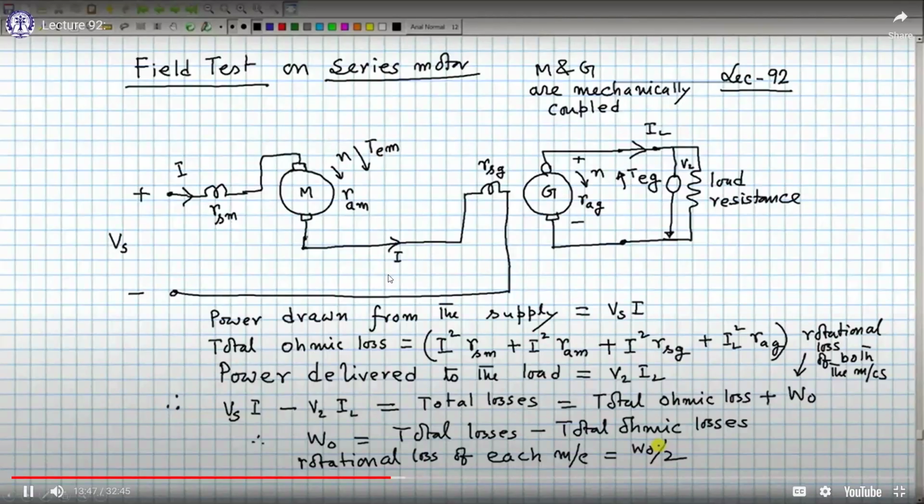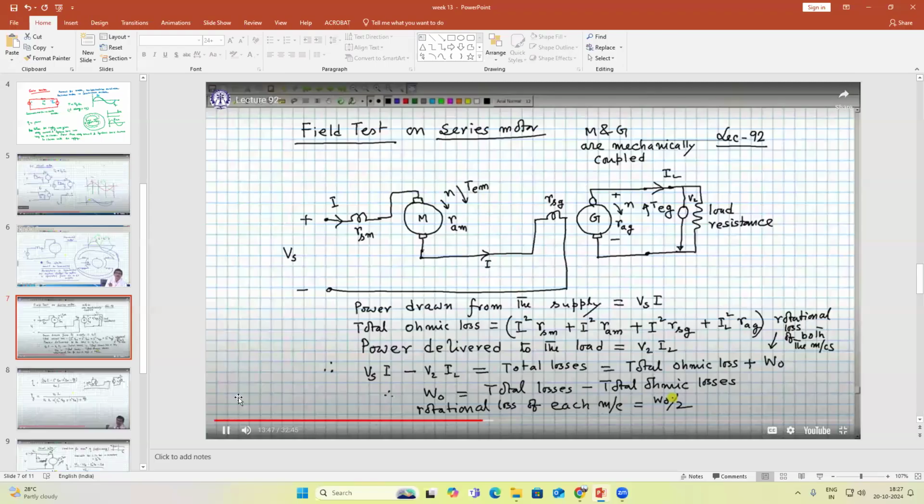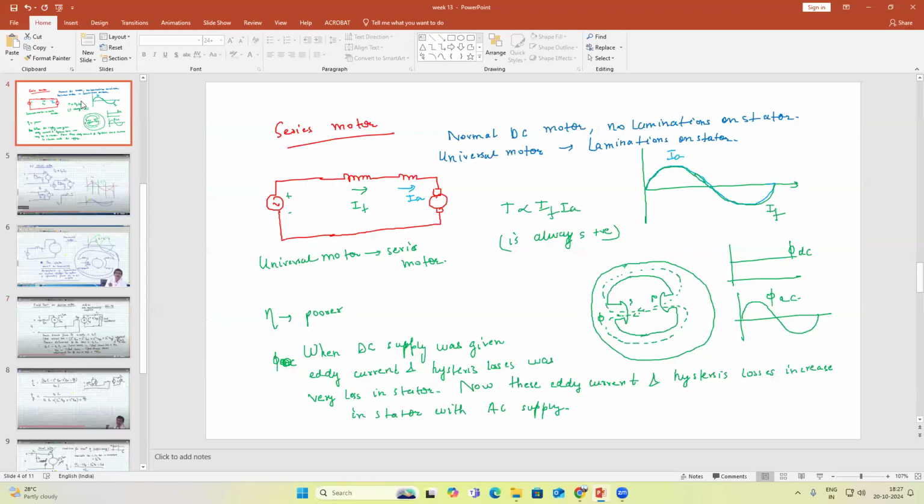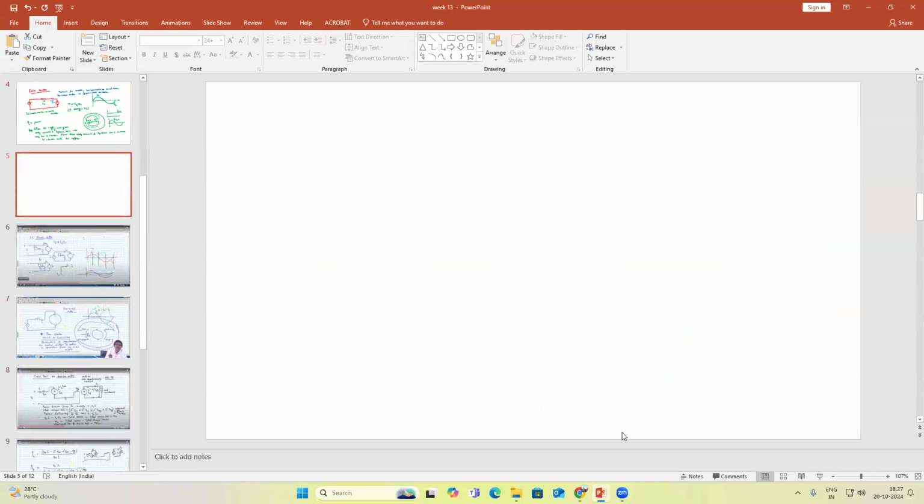Let me draw it freshly so that you can see it here. This is the field test on the series motor. It is like Swinburne's and Hopkinson's test.